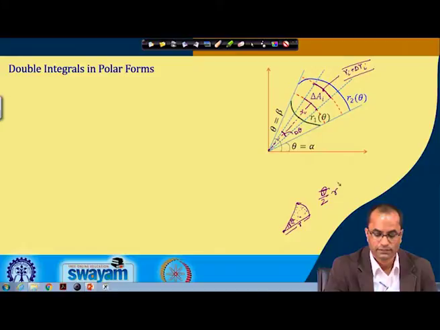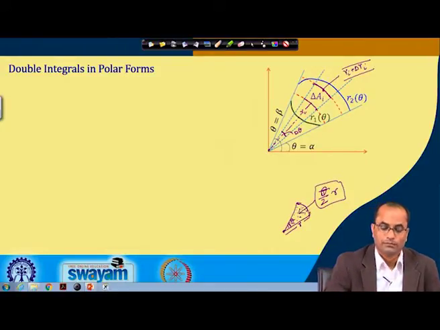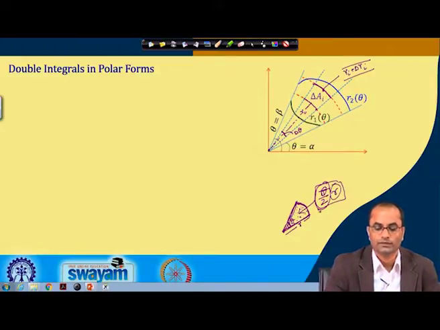So, radius r, that will be the area of the region enclosed by this circular arc, which makes an angle theta at this point. So, this area will be theta by 2 into r square. We will be using that here in this consideration.